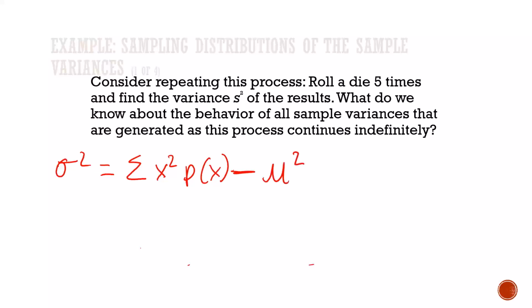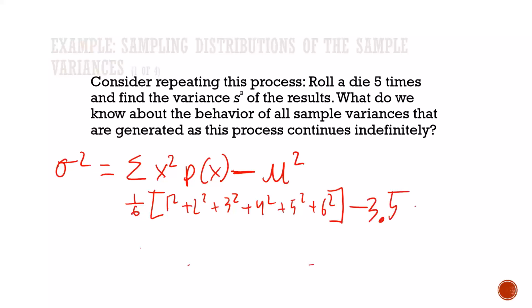The probability is 1/6, so I could do 1/6 times 1 squared, 2 squared, 3 squared, and so on. And we know the mean is 3.5. You do this, you will get 2.9.